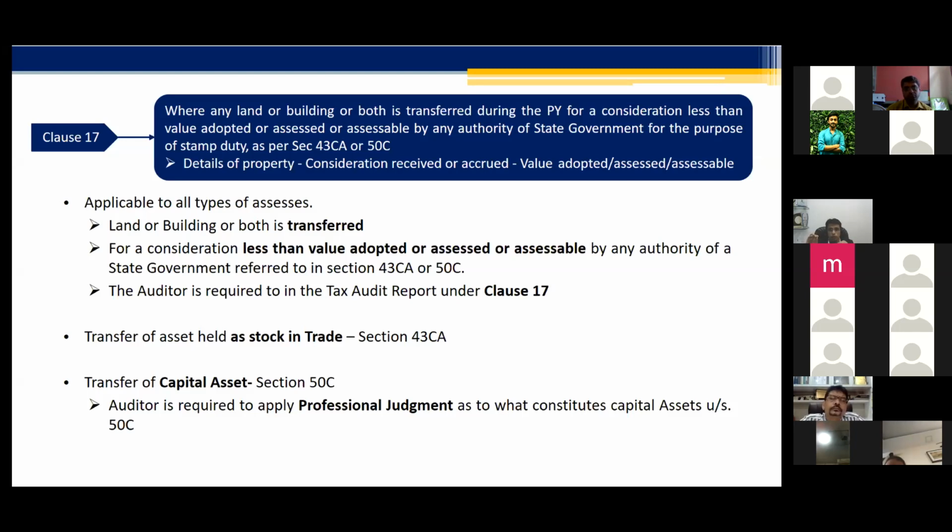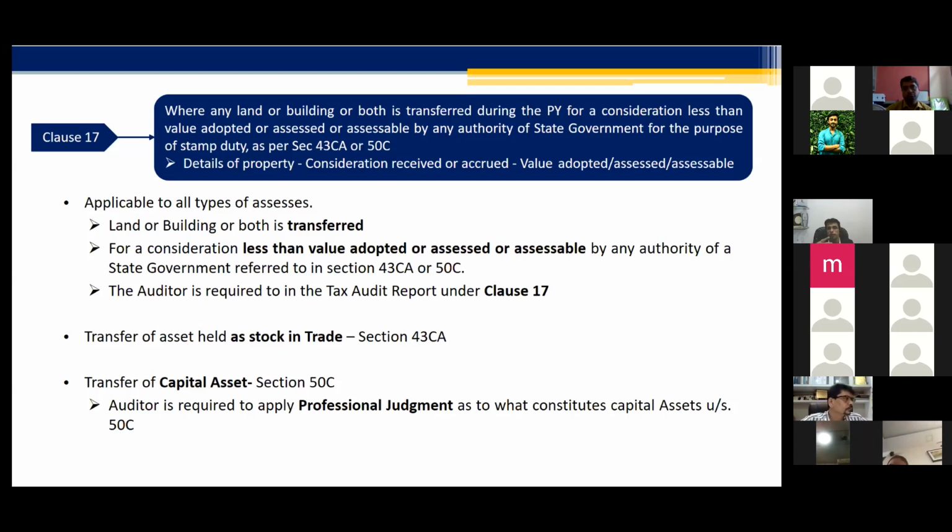The auditor is required to report in the tax audit. Now there is a lot of controversy on what land, building or both should include and what it should not include, and therefore it becomes very important for the auditor to judge it from the tax perspective also, along with the judgments which are coming on this while reporting under this particular transaction.